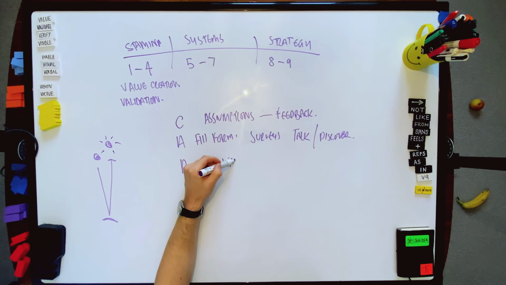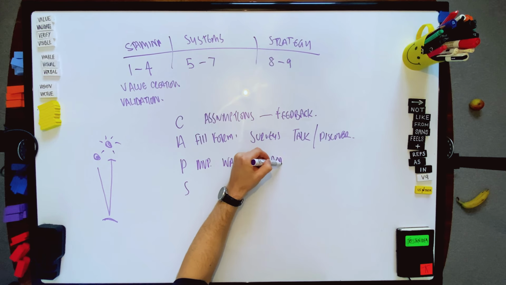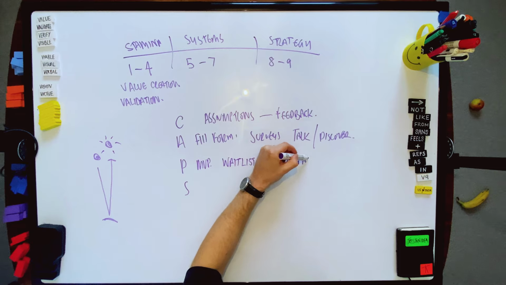A very simple way to do this is essentially your priority is to almost create an MVP. Now, we're not saying you have to go off and make a product. You don't have to do that. It can be a wait list. It can be, as I said, a form. It can be you send people to a landing page with a little VSL.